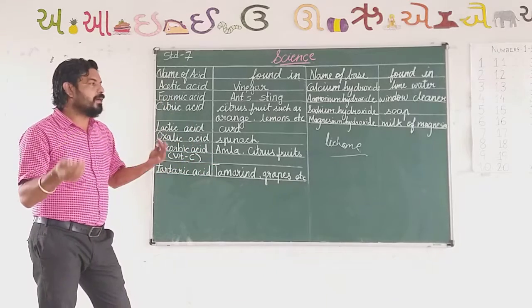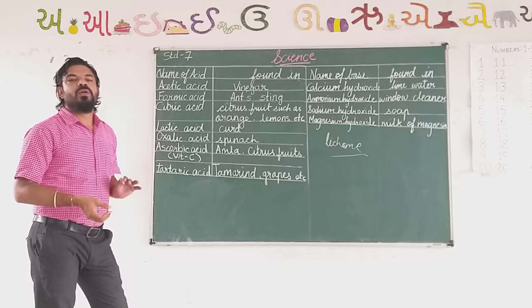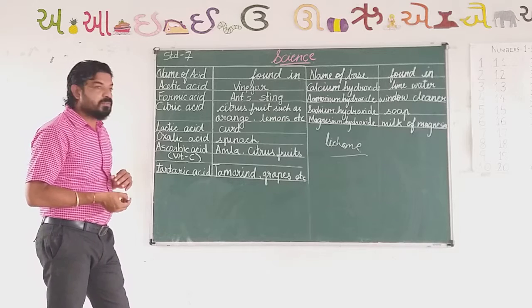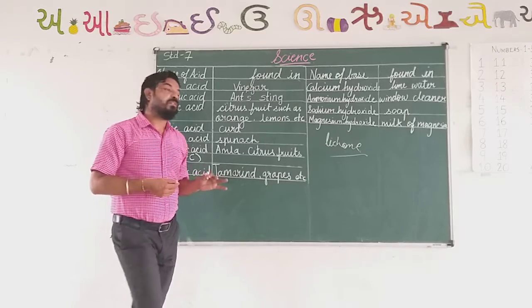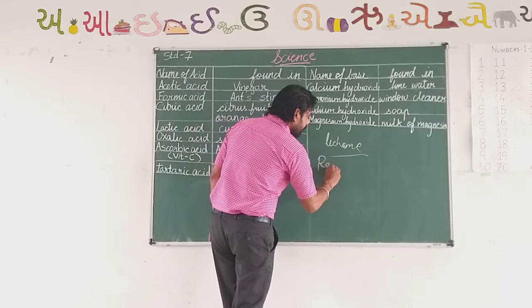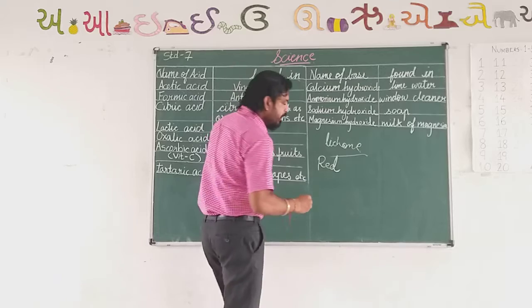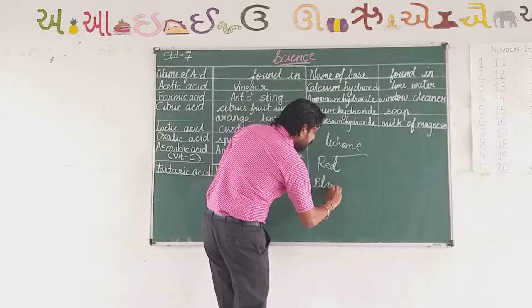Now in the market, litmus paper is also available. There are two types of litmus paper available in the market. Which are those? The red litmus paper and the blue litmus paper.